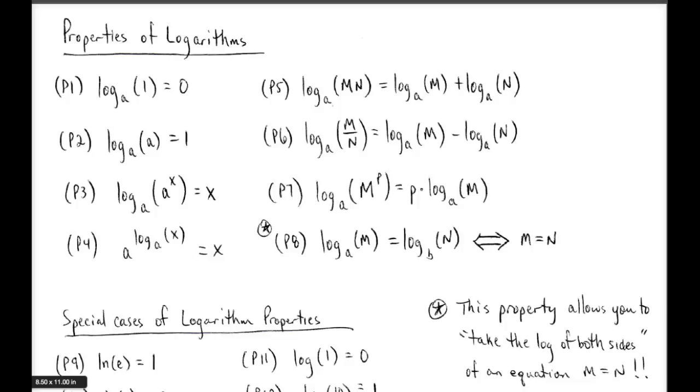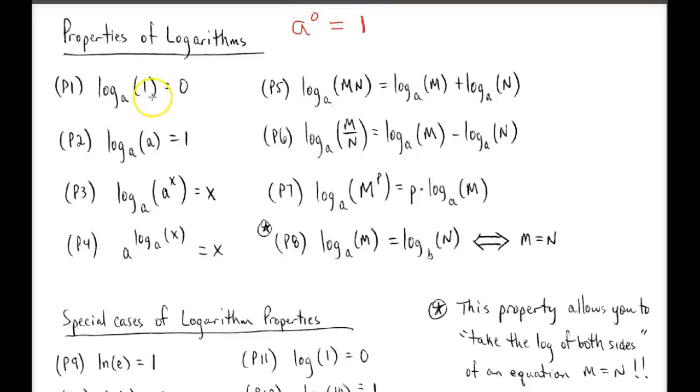Okay. All right. So for property 1, I guess for all these properties rather, what the logarithmic property is trying to communicate is the same thing as what it communicates in the exponential world. What I mean by that, I'll just use this first example here. We know from our exponential rules that a raised to the 0 is equal to 1, meaning anything raised to the 0 power is equal to 1.